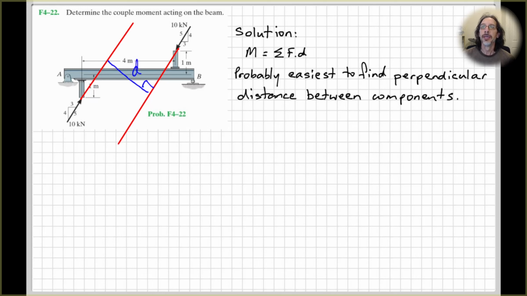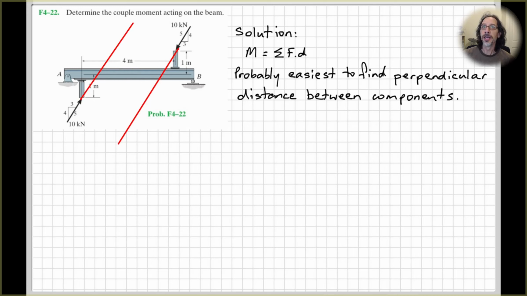That's a little bit of tricky trigonometry. Seeing that we're already given this vertical dimension here and this horizontal dimension here between the locations where the forces are applied, it makes sense to just make use of those.